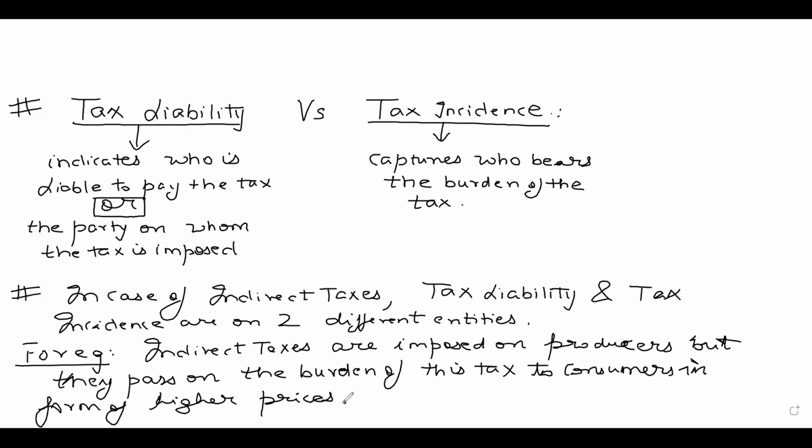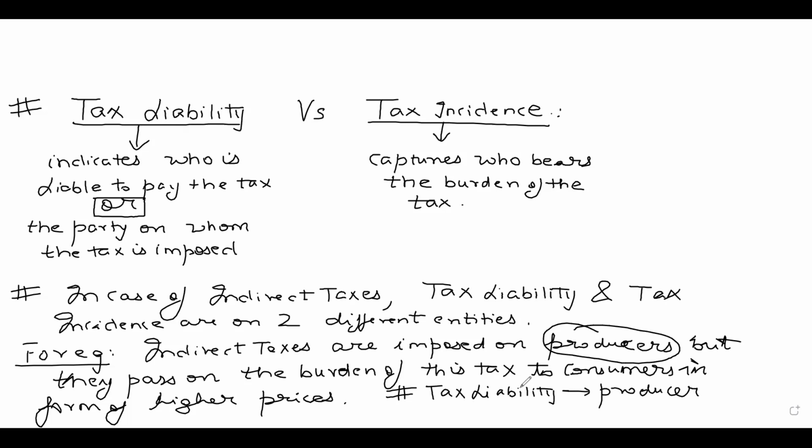Okay, so when we talk about indirect taxes, there are a lot of indirect taxes which are imposed on the producers. That means the tax liability is on the producer. So if I talk about tax liability, the tax liability is on the producer because the producer is liable to pay the tax.